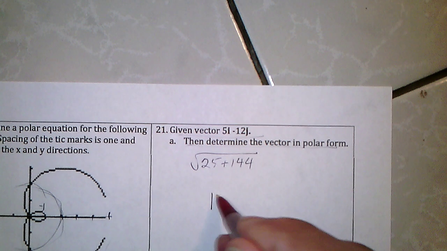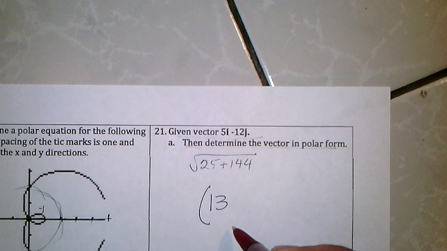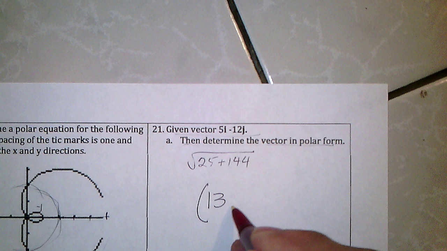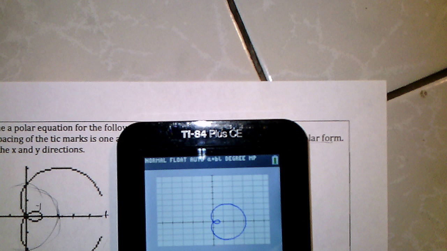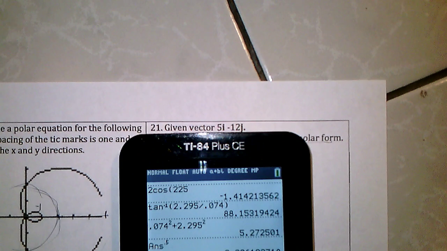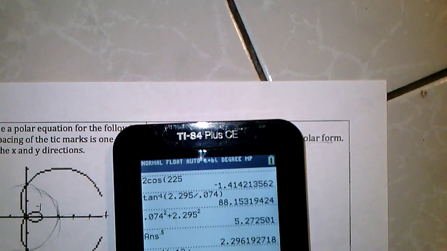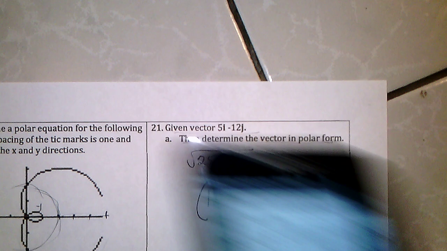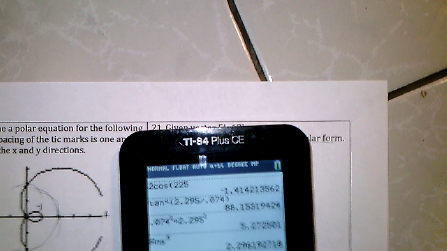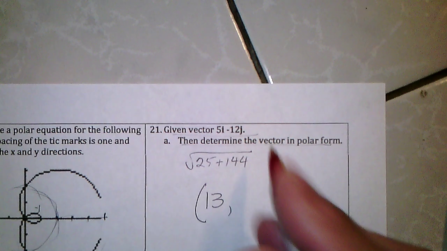Square root of 169 is 13. And then the angle would be tangent inverse of -12 divided by 5. And the x is positive, so we don't have to add anything, at -67 degrees.